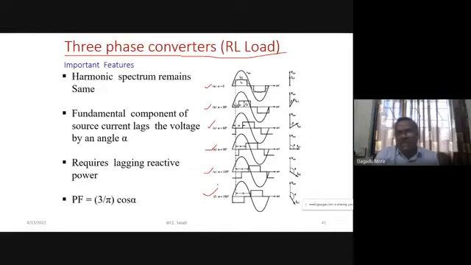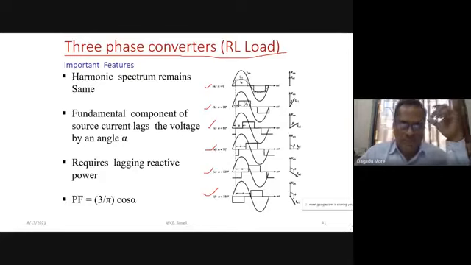In these 6 cases, if you see here, our source current, whatever may be alpha, is a cos square wave. This is a very important point: the source current of the bridge with RL load is a cos square wave.